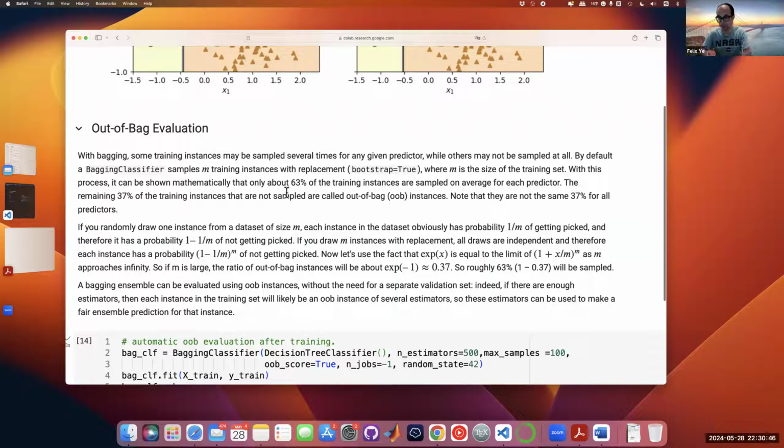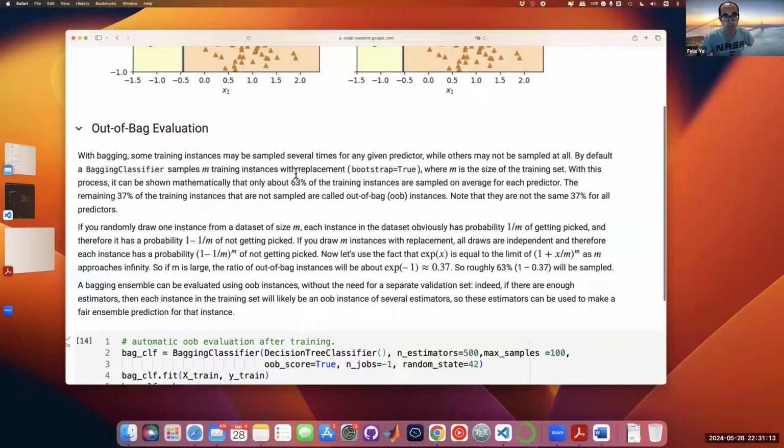But I want to emphasize that for the first decision tree, you will find that 37% of the data are not sampled. That will not be the same 37% of instances for the second decision tree. So they are not the same for all the predictors.